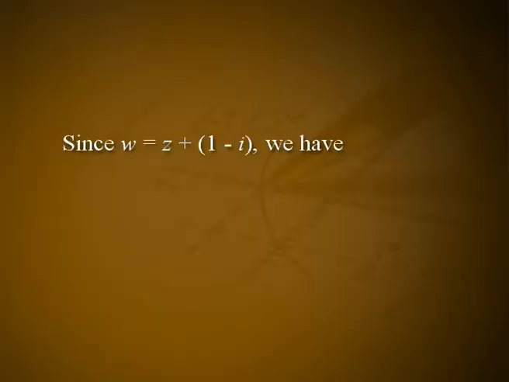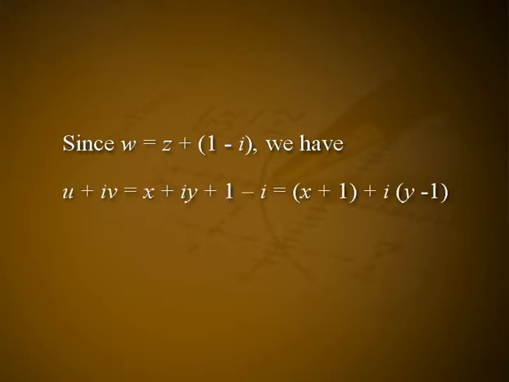Example. Consider the transformation w equal to z plus 1 minus i. Let us determine the region d dash of the w plane corresponding to the rectangular region d in the z plane bounded by x equal to 0, y equal to 0, x equal to 1 and y equal to 2. Since w equal to z plus 1 minus i, we have u plus iv equal to x plus iy plus 1 minus i, which is equal to x plus 1 plus i into y minus 1.